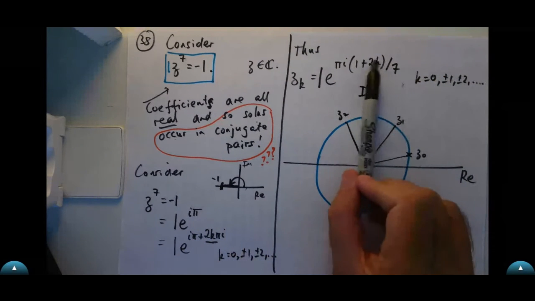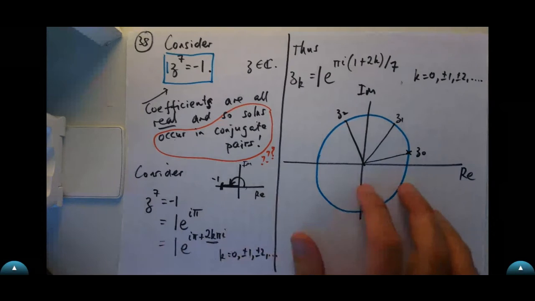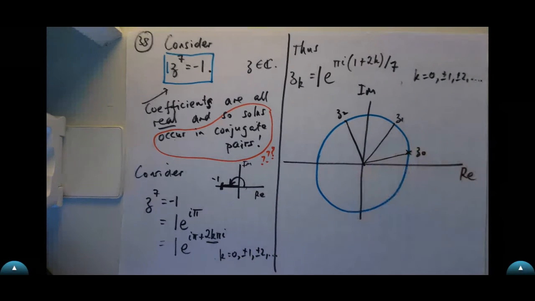Okay, for k equals 3, who can tell me what's the solution for k equals 3? It's pretty simple. Who can tell me what is the solution for k equals 3? Let me know in the chat. Smash that chat button.